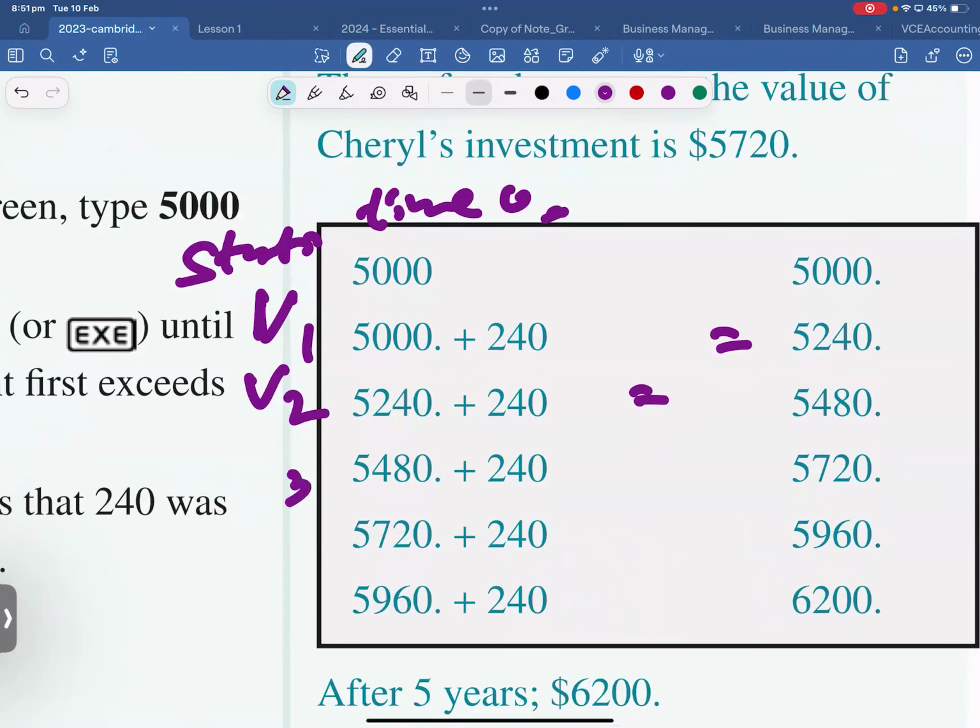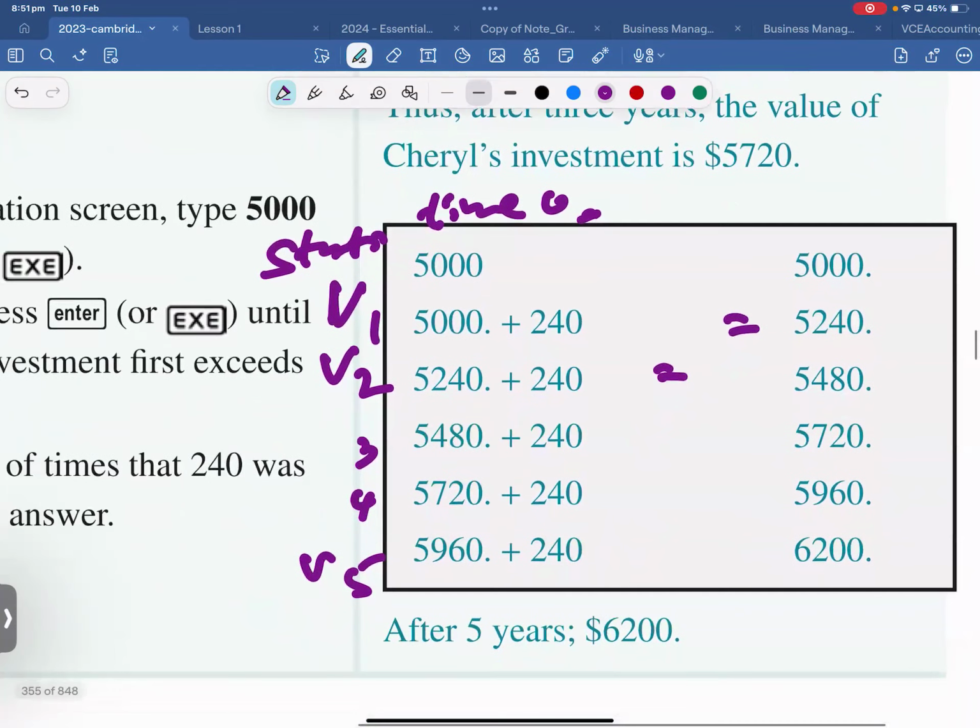So this is V3, V4, and V5 after 5 years. Today, that means V0, then after 1 year, which is 1, 2, 3, 4, and so on. Any questions?